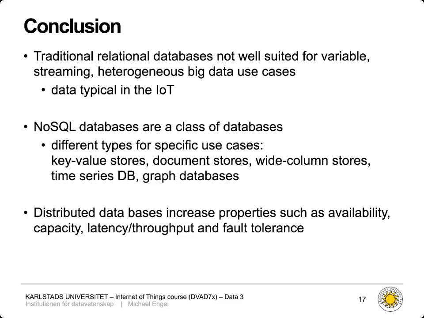NoSQL databases are just a name for a class of databases, and we have very many different types of databases for specific use cases, like key-value stores, document and wide column stores, time series databases, and graph databases. And if we need availability or load balancing or similar use cases, we can have distributed databases that help us with this. But of course, these might be more complex to implement and to use.